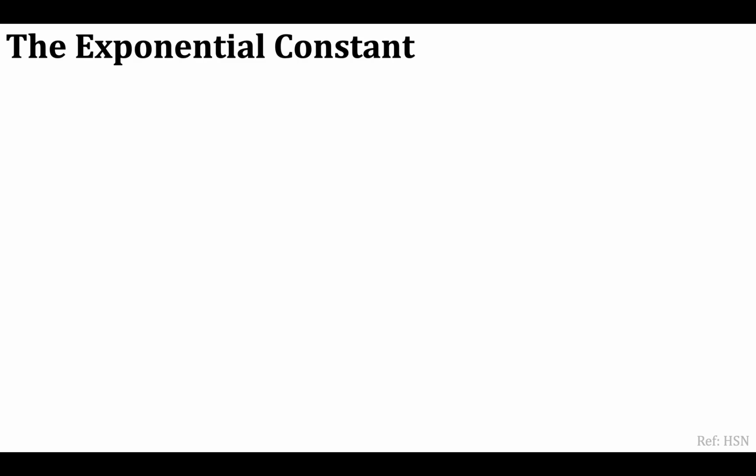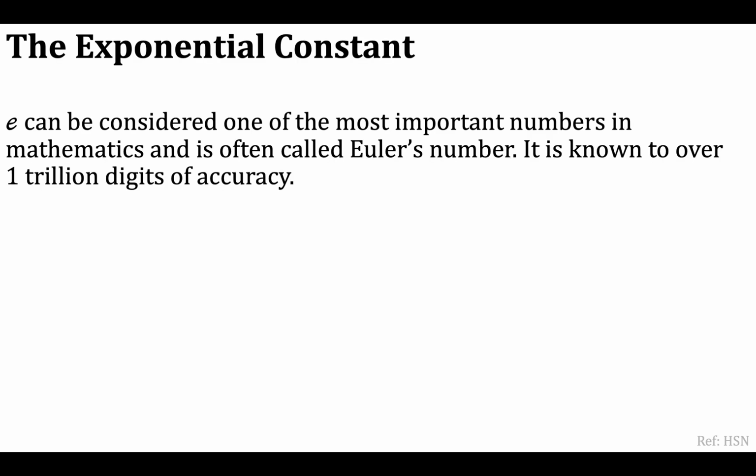Now the exponential constant e can be considered one of the most important numbers in mathematics, and it's often called Euler's number, which is named after a famous mathematician, Leonhard Euler. And the number e is known to over 1 trillion digits of accuracy.